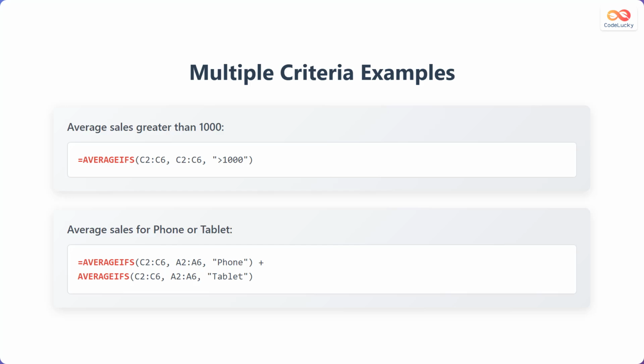To calculate the average sales for either phones or tablets, you can combine two AVERAGEIFS functions. AVERAGEIFS(C2:C6, A2:A6, "phone") plus AVERAGEIFS(C2:C6, A2:A6, "tablet").